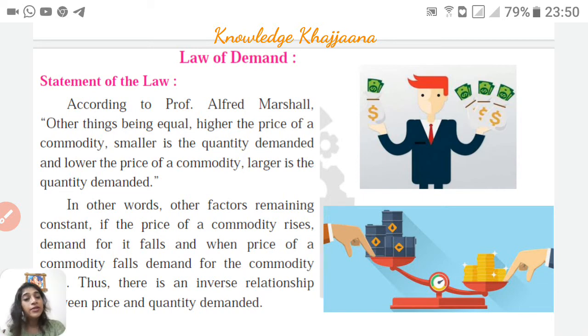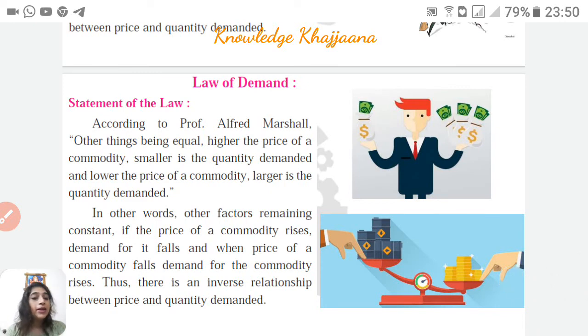But this assumes that some variables remain constant. What did I say? If you want to prove the law of demand, as per Alfred Marshall, some variables must be considered constant. They must not change. That consideration is called assumptions.